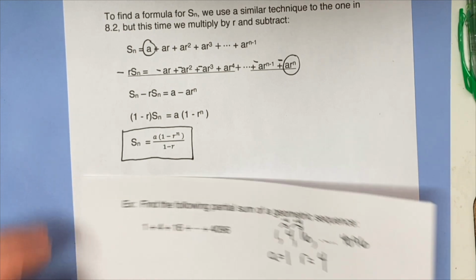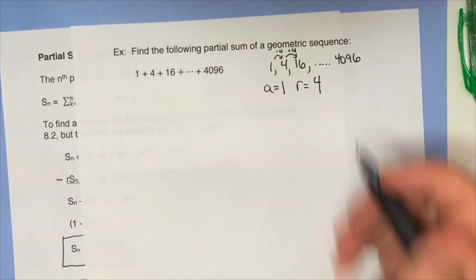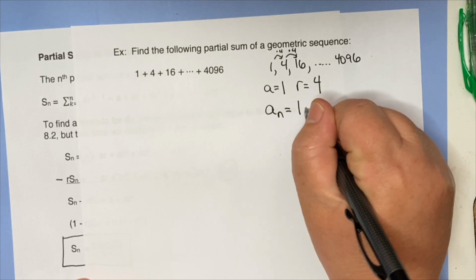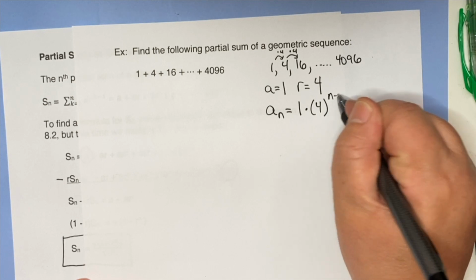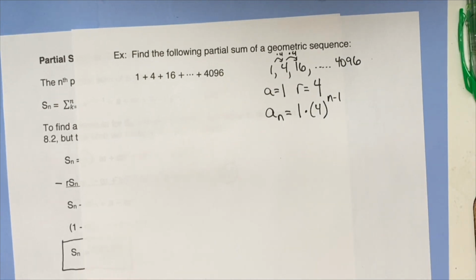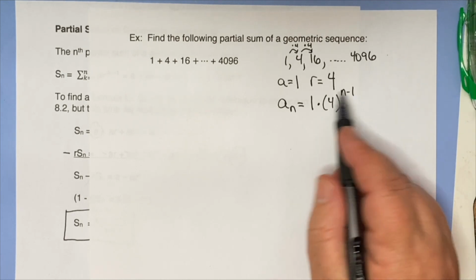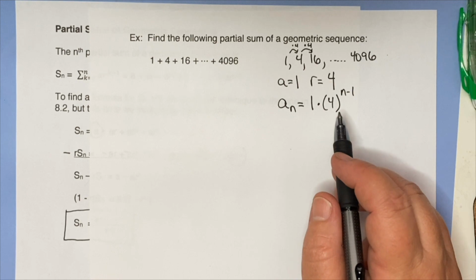Then my general term is going to be a sub n equals 1 times 4 to the n minus 1. Now, the cool thing about this is that a is 1, so I don't even have to write it in, although it makes it more clearly a geometric sequence to write it like this.